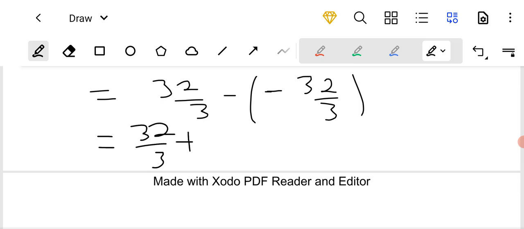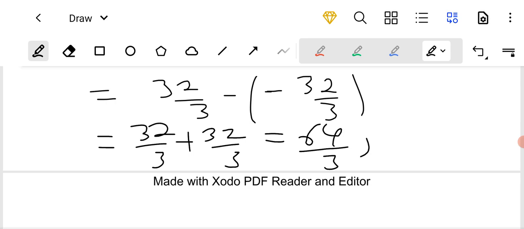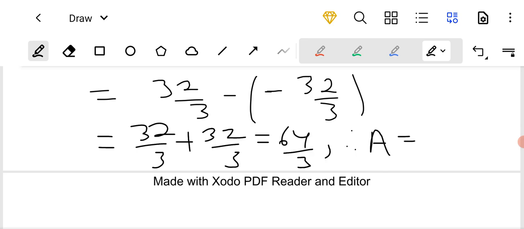It's like I integrated in my head, so it gave me a wrong answer because I did not follow the correct working. Okay, 64 divided by 3. Therefore it is equal to 64 over 3. Therefore area is equal to 64 over 3, which can also be written as 64 divided by 3, a 21 remainder 1 over 3.